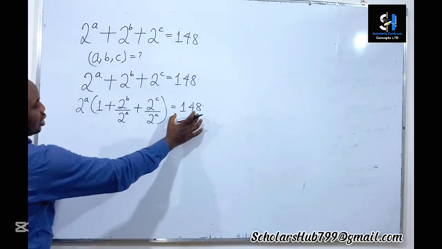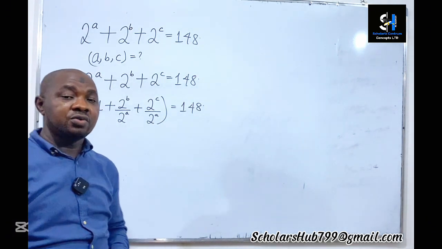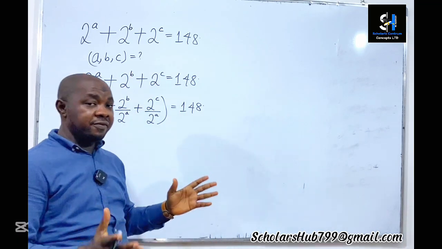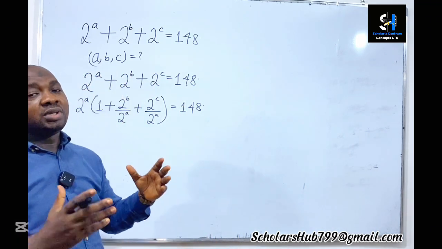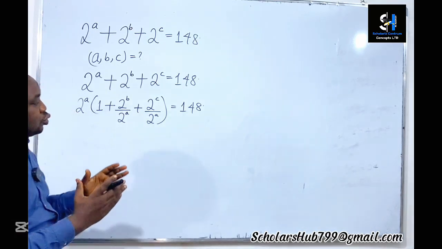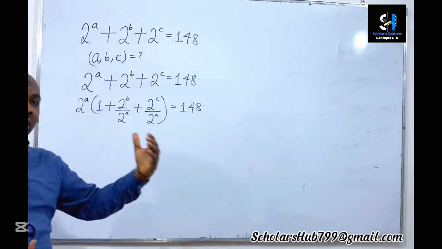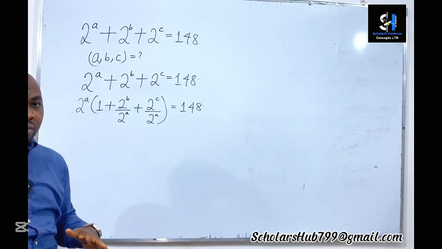Now 148, we can express as a product of its prime factors. But it has to be in index form for us to check whether or not we can have the product of even and odd numbers.